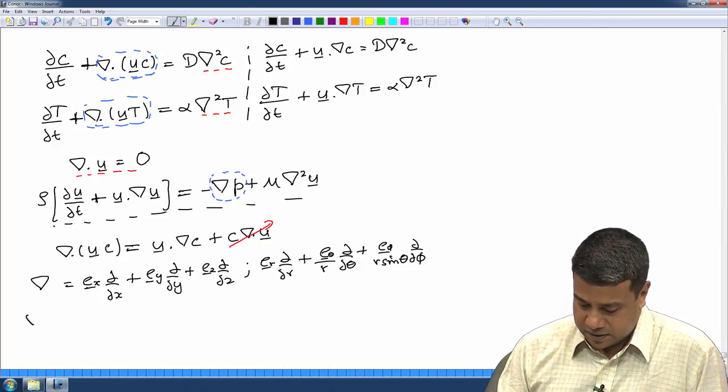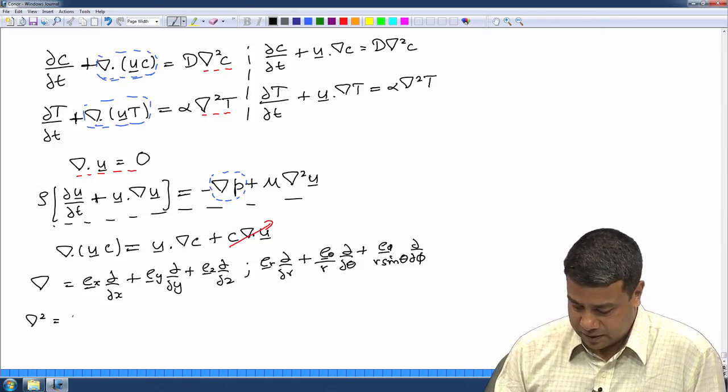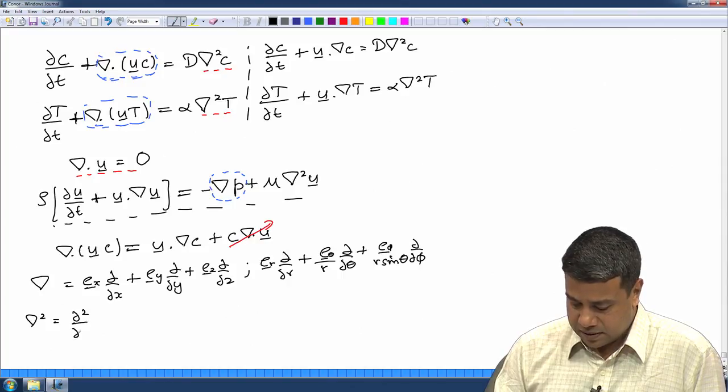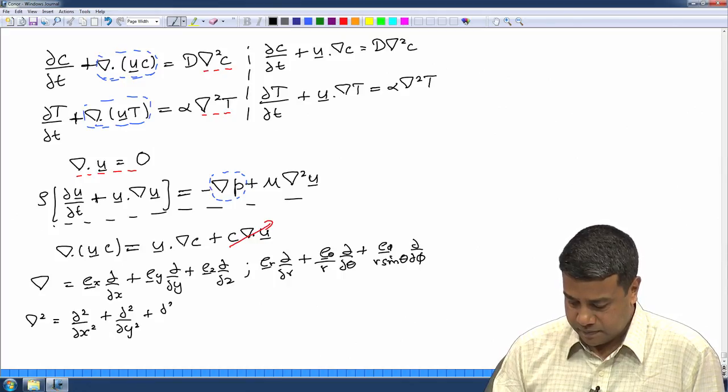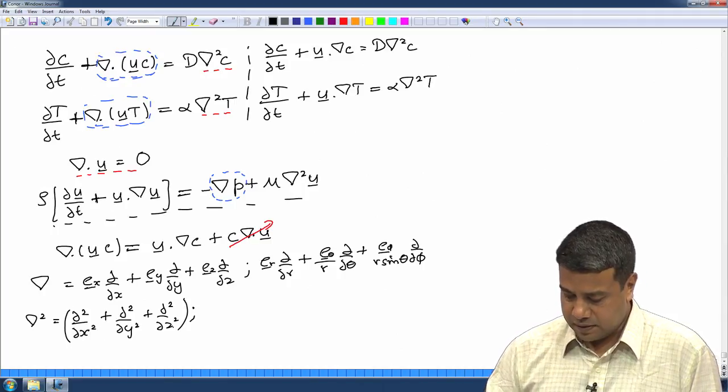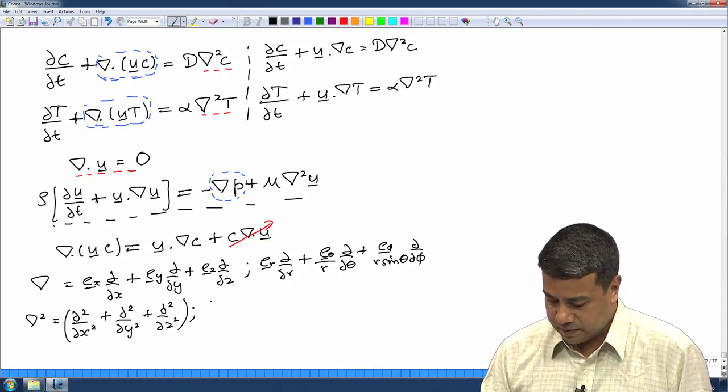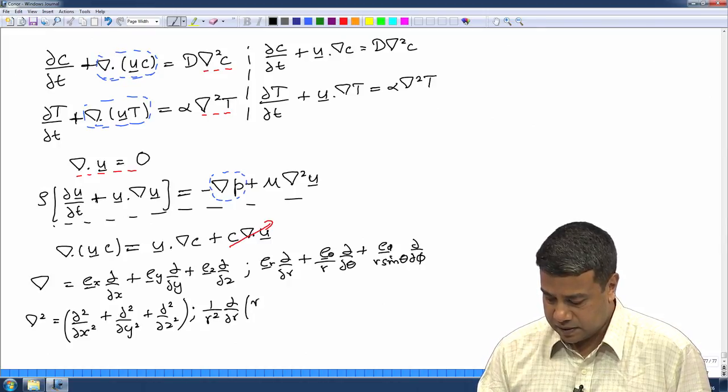And the Laplacian was of the form d square by dx square, or in a spherical coordinate system 1 by r square d by dr of r square.